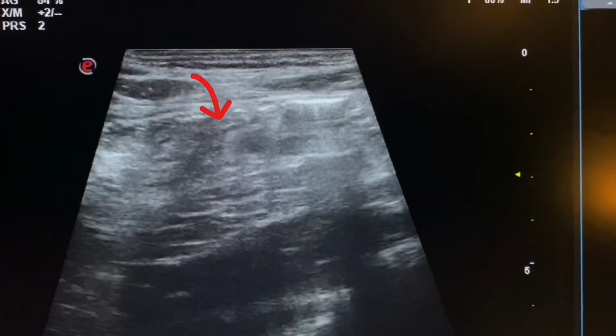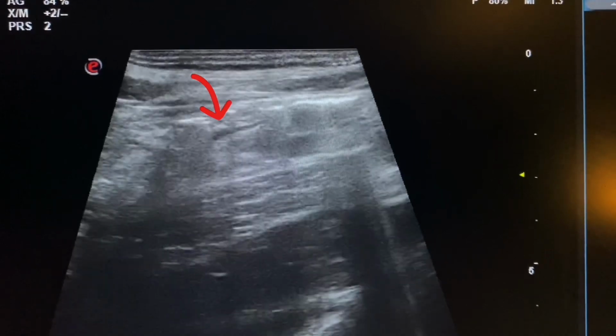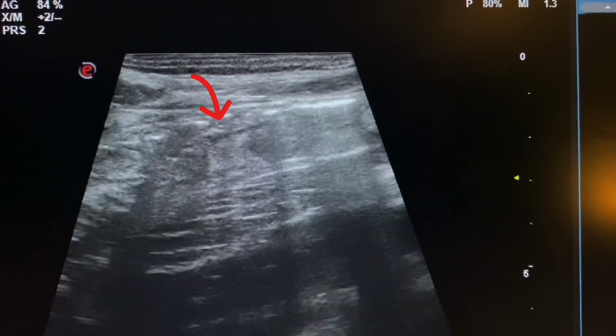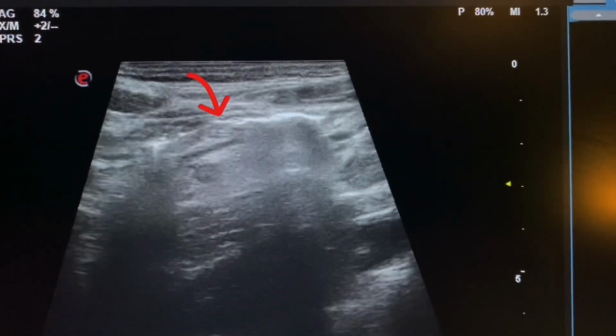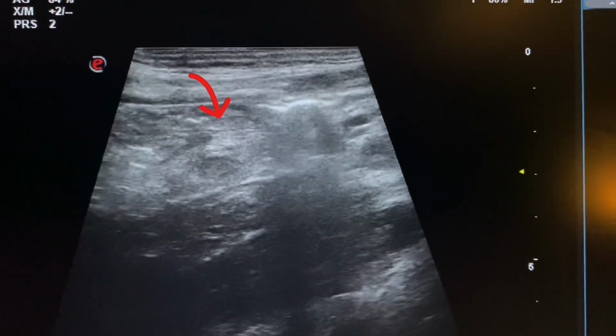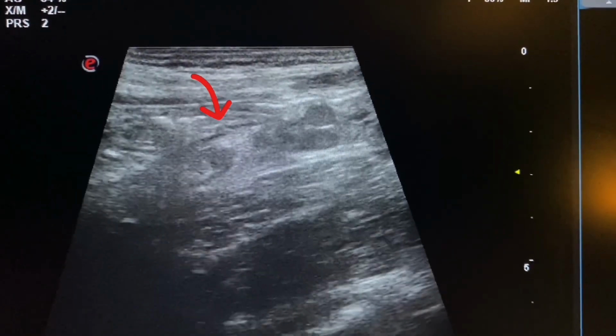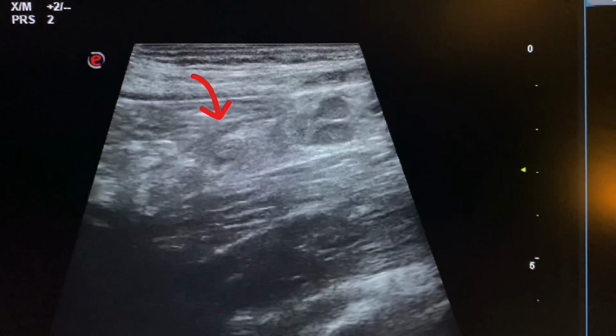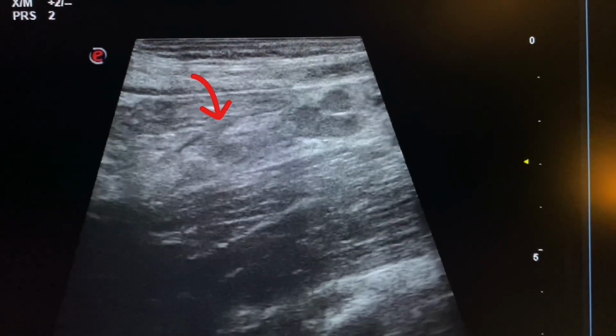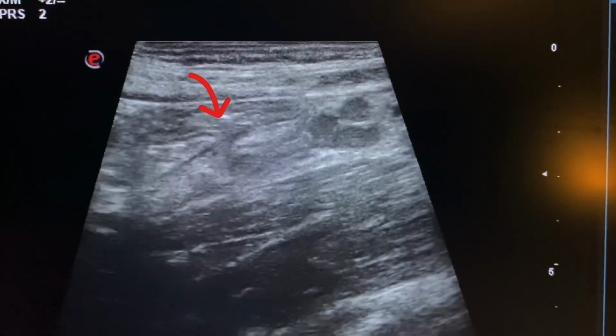The appendix is poorly visualized due to gases in the gut and inflammation of surrounding tissues. Now it is prominent at another site.